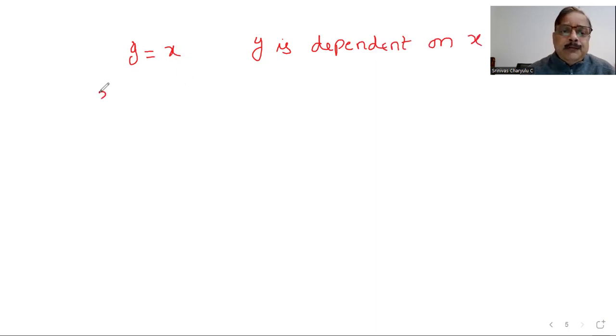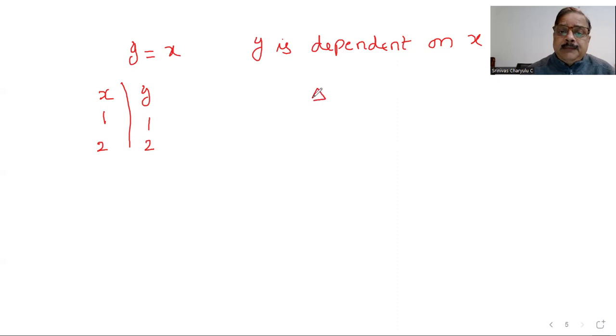If you give x value 1, y also becomes 1. If you give x is equal to 2, y becomes 2. There is a linear variation. So I can say here that x is changing from 1 to 2, and y is also changing from 1 to 2.